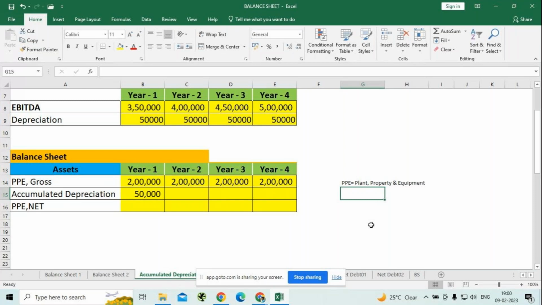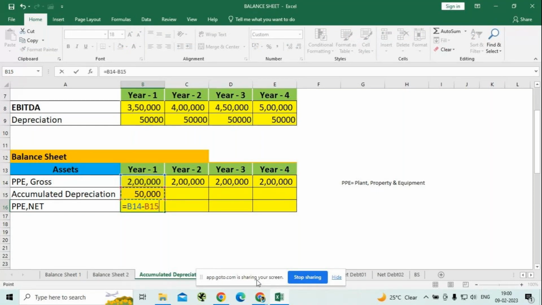So it could be the total value of an asset, that is considered as an asset. So the net value of an asset is PPE gross minus the depreciation value. So this is going to be the first year depreciation value.